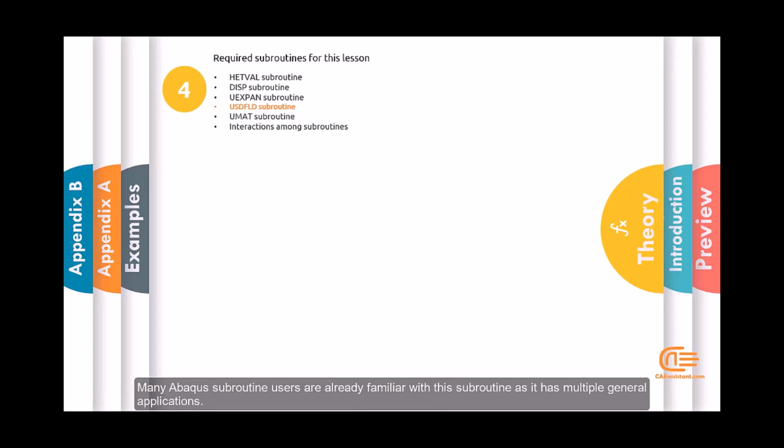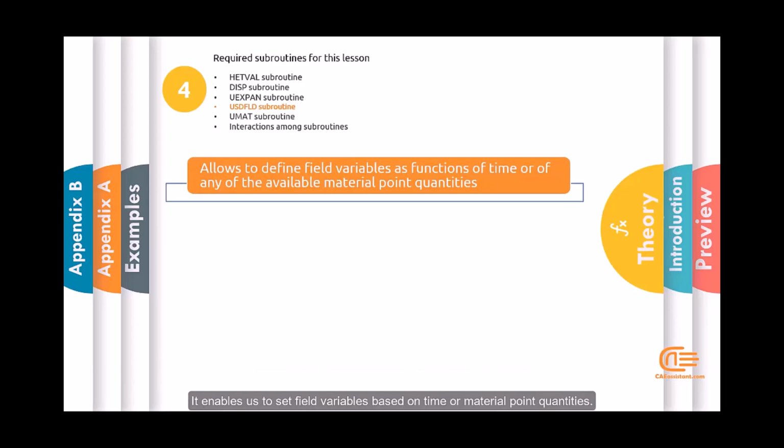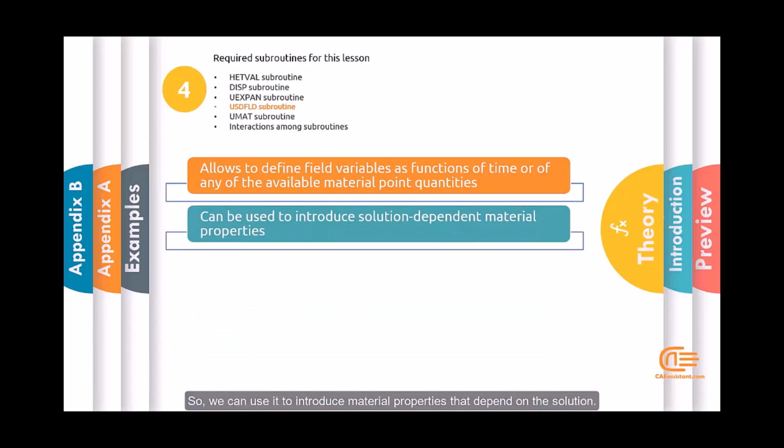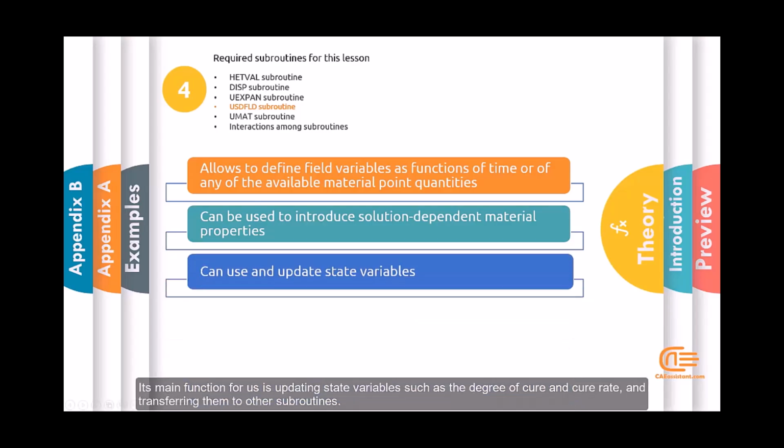Many Abaqus subroutine users are already familiar with this subroutine, and it has multiple general applications. It enables us to set field variables based on time or material point quantities. So we can use it to introduce material properties that depend on the solution. Its main function for us is updating state variables such as the degree of cure and cure rate and transferring them to other subroutines.